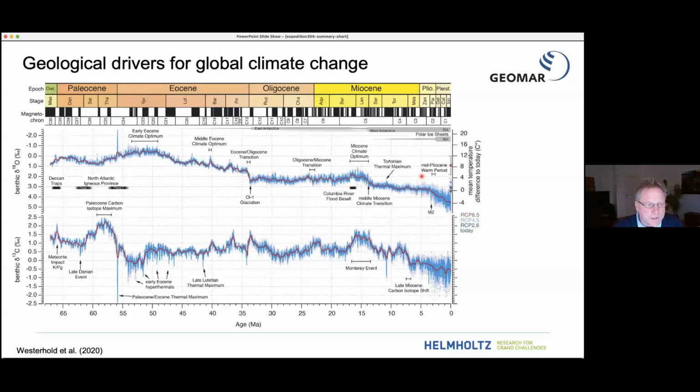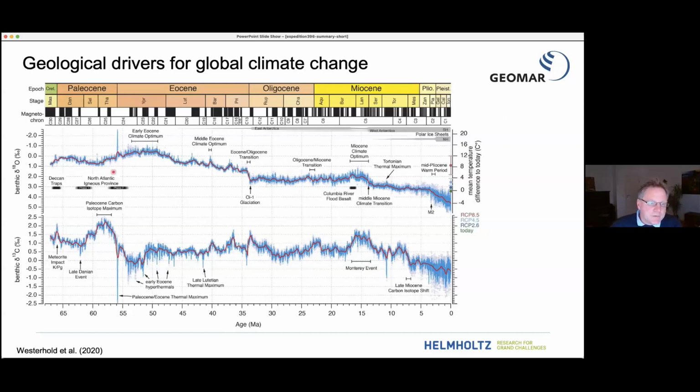If we look at this temperature diagram, a compilation of temperatures from the Cretaceous to now, we see first the warming into the Eocene, then cooling, and then we are back in the warming. This peak, the Paleocene-Eocene Thermal Maximum, was the last time that the global climate warmed as quickly as it is today.